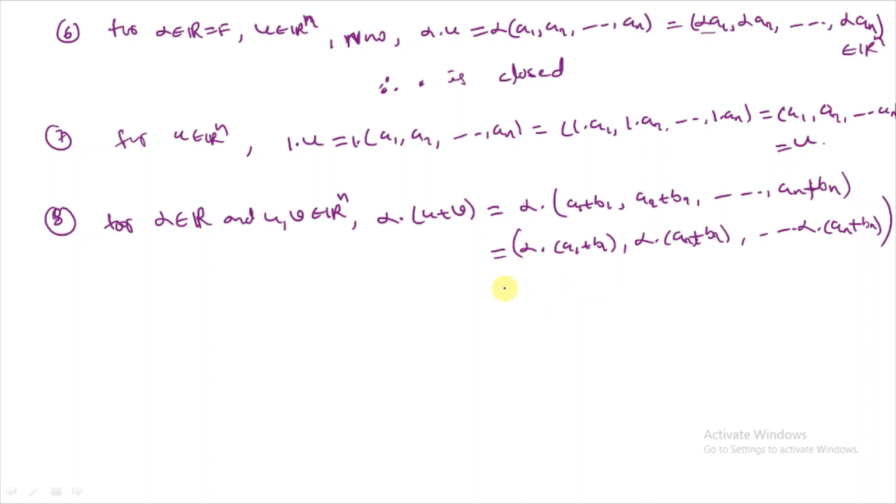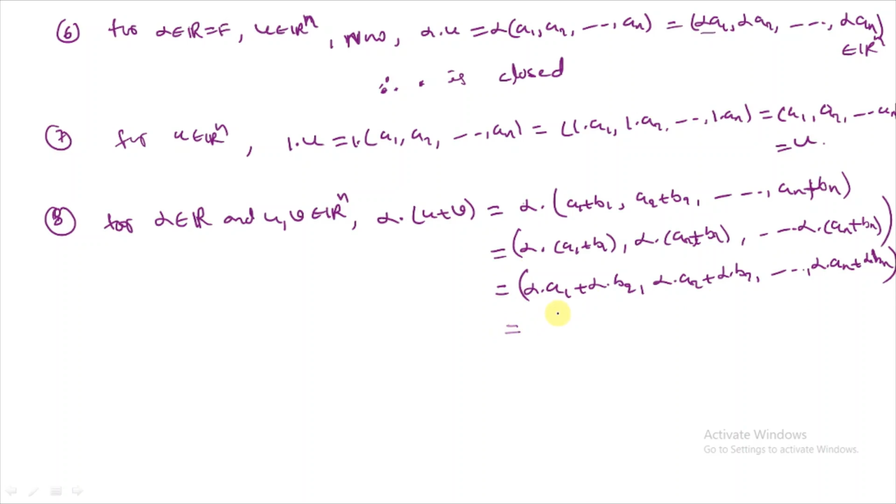These are all real numbers. It starts with the distribution property. You can write alpha dot a1 plus alpha dot b1, comma alpha dot a2 plus alpha dot b2, and so on, alpha dot an plus alpha dot bn.